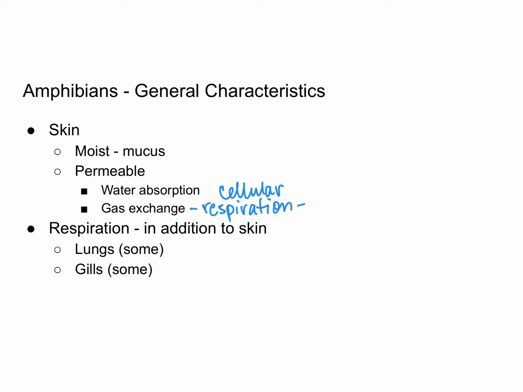So they need to be able to exchange things like carbon dioxide and oxygen, so they can make ATP, which is energy. In addition to exchanging gas across their skin, some amphibians also have lungs and others have gills. But the majority of the gas exchange does happen across the skin, and the lungs and the gills are just additional structures that help with that gas exchange.